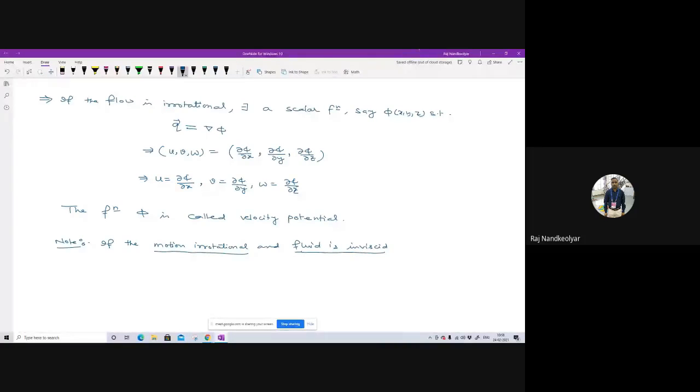So if the motion is irrotational and the fluid is inviscid, then the motion always remains irrotational.